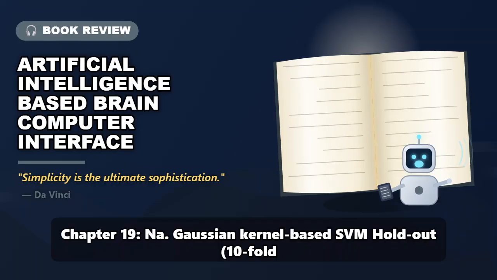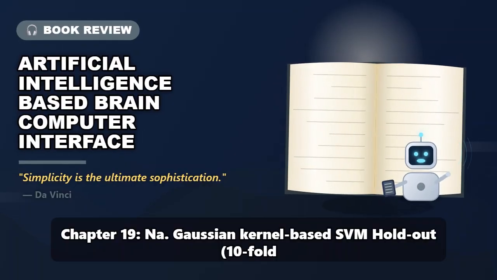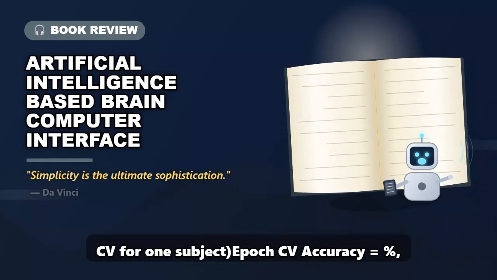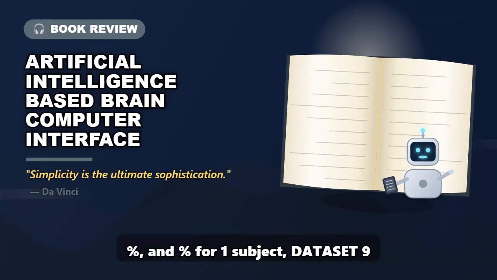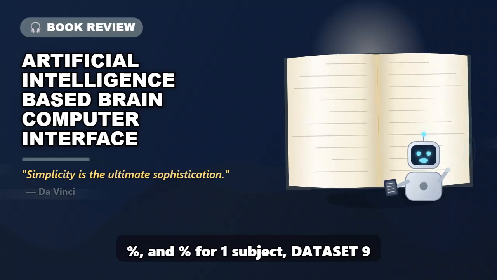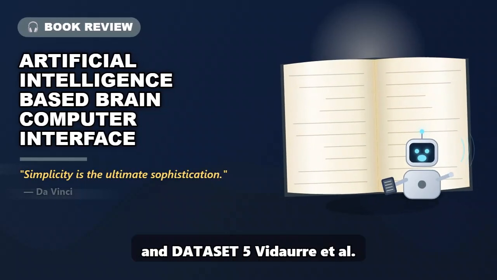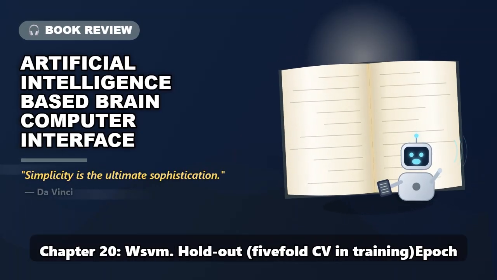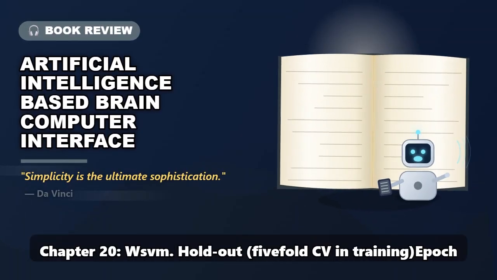Chapter 19 NA. Gaussian kernel-based SVM holdout, 10-fold CV for one subject, epoch CV accuracy equals %, and % for one subject, dataset 9 and dataset 5 Vidor et al. Chapter 20 WSVM.